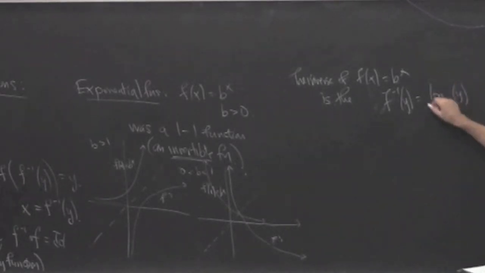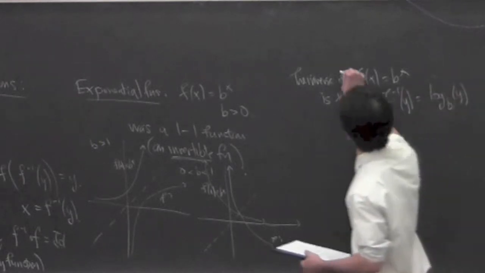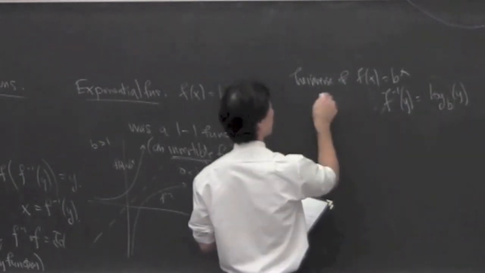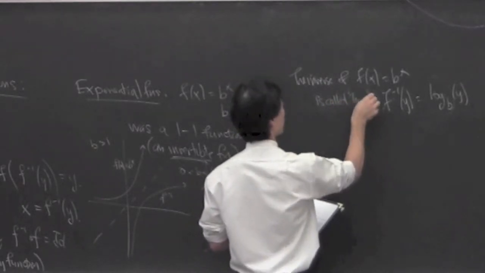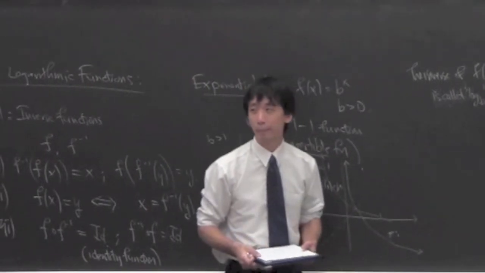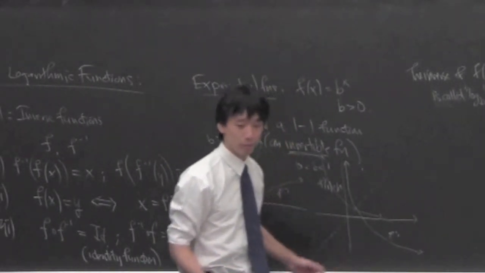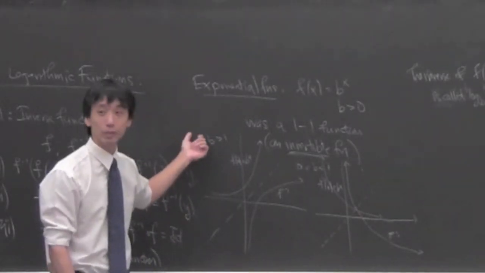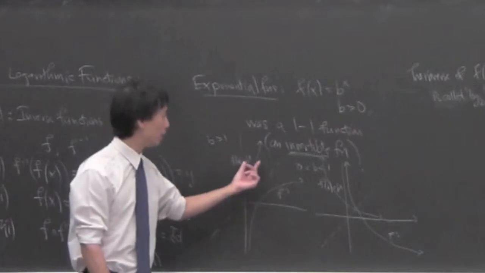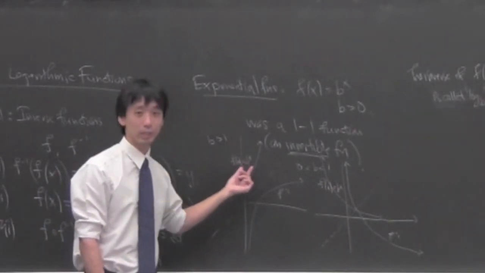It's given a name, log base b. So it's this log function. All it does is cancel off the exponent, the b to the x function.